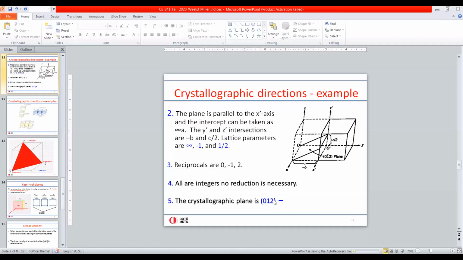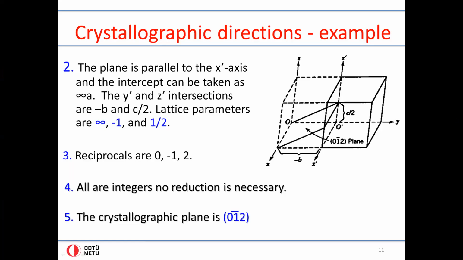Again, there is a problem caused by Microsoft Word, and this is the correct version. So what this shows is that the crystallographic plane is the 0, -1, 2 plane.